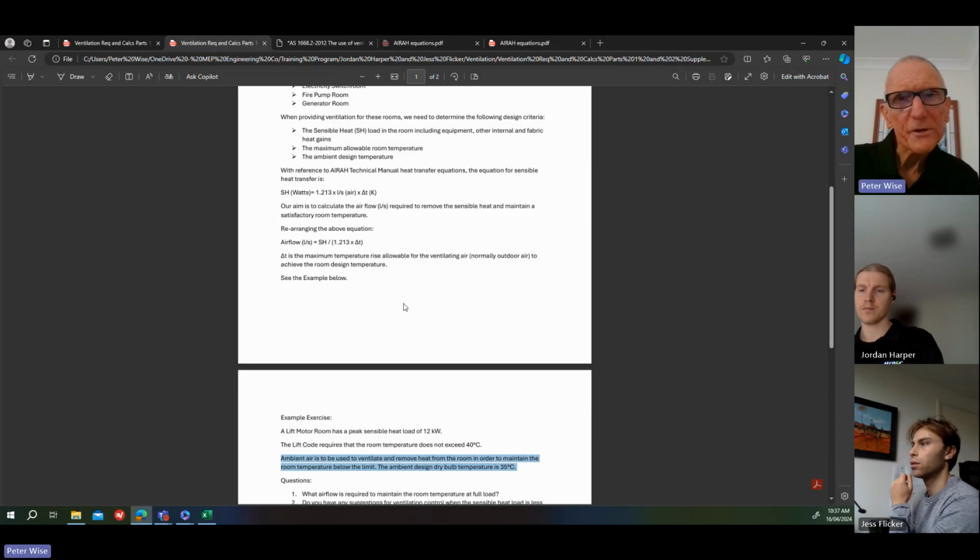I'm not saying use that as a benchmark, just for that particular project, it might have been reduced to say 35,000 litres a second instead of, what'd you get, 49,000 or something like that? It was high 40s, yeah. So you can see that that's a significant difference. So any ductwork is much smaller, fans are smaller, and the running cost for the fans is a lot lower.